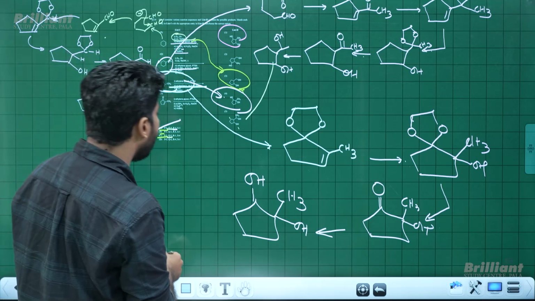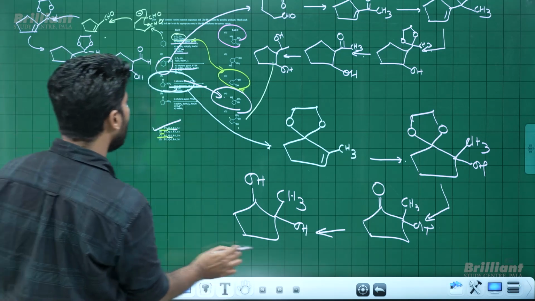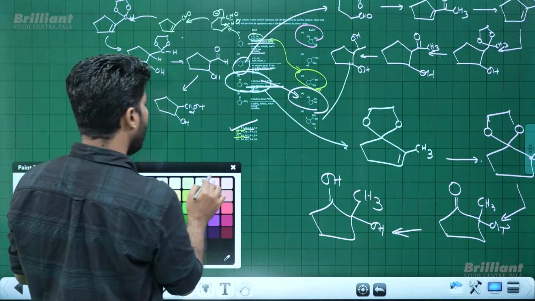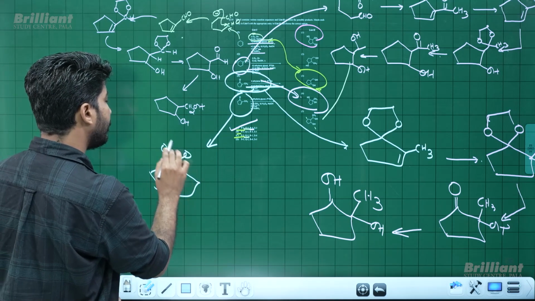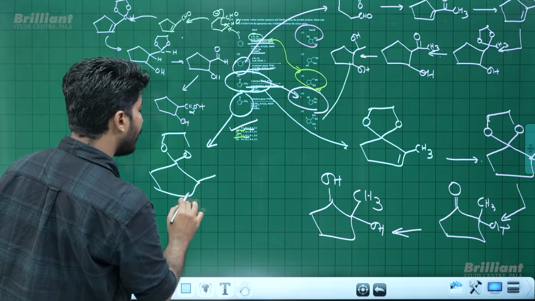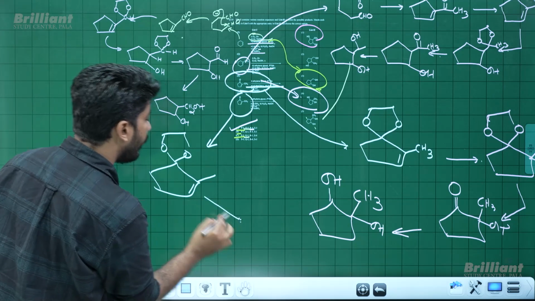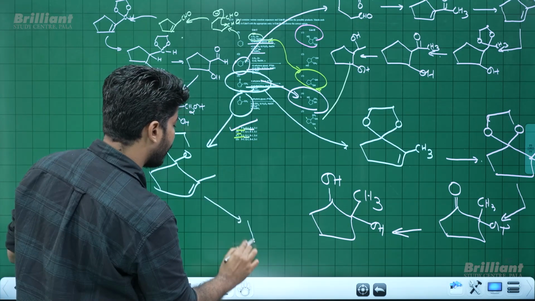Let's verify the case of S also. S is treated with ethylene glycol, and a cyclic ketal is produced again. CH3 is there. Then we are doing antimarkovnikov addition, the hydroboration oxidation reaction.